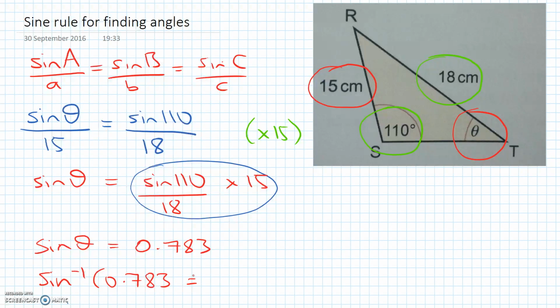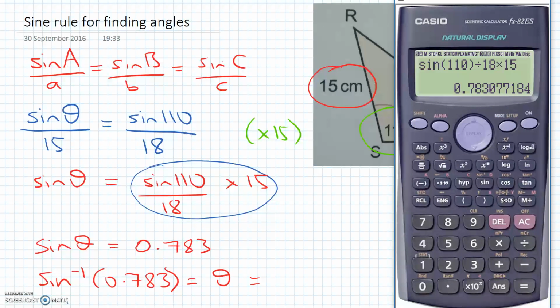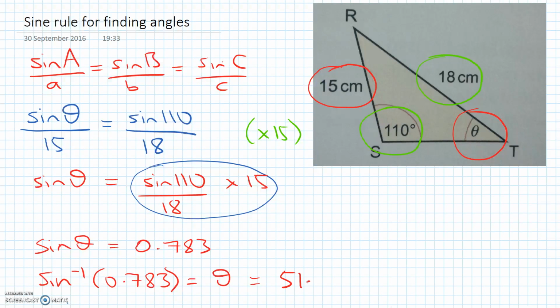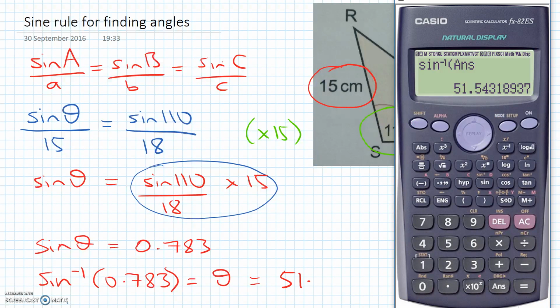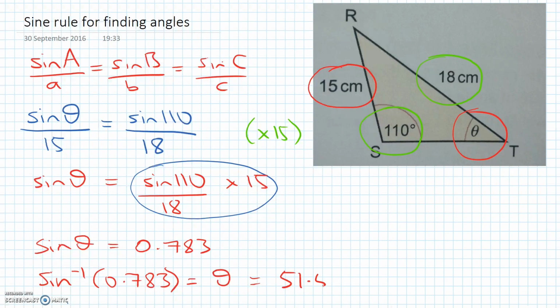And that will be equal to theta. So, what's the inverse sine of 0.783? Well, we can use our shift button and find the inverse sine of our answer. And finally, we get that theta is equal to 51.54 degrees.